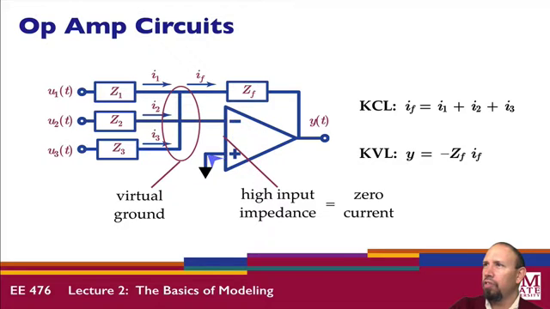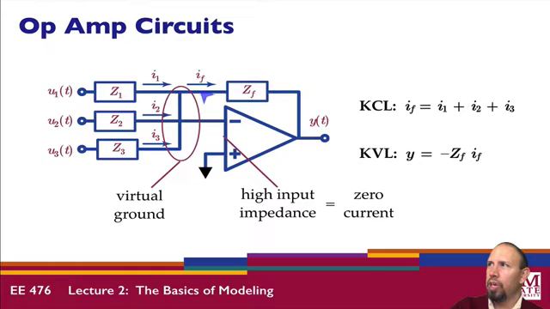And since there's no current flowing through there, these two voltages are essentially the same. Okay, so this is considered a virtual ground for this circuit because this is essentially ground since there's no current flowing through here. And so it's not really connected to ground, but it's virtually ground. So essentially this is a ground value.